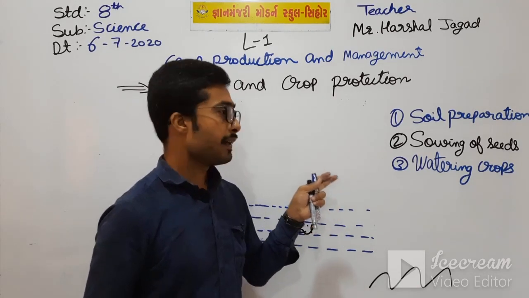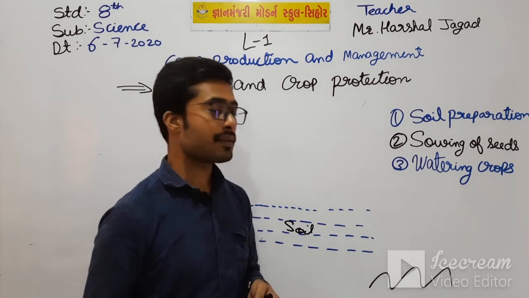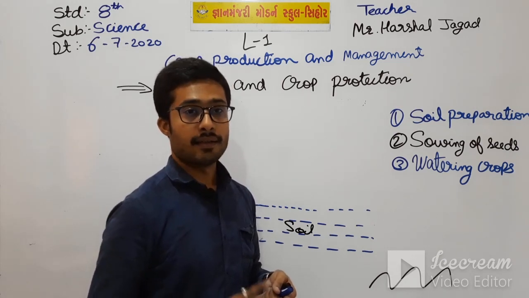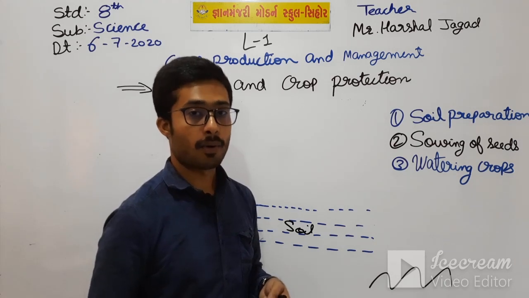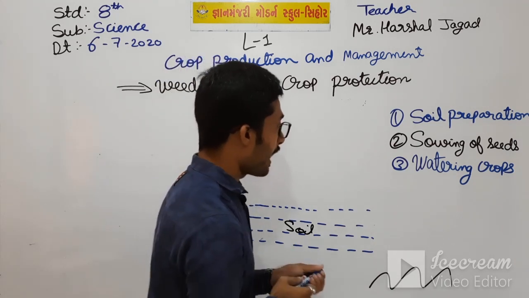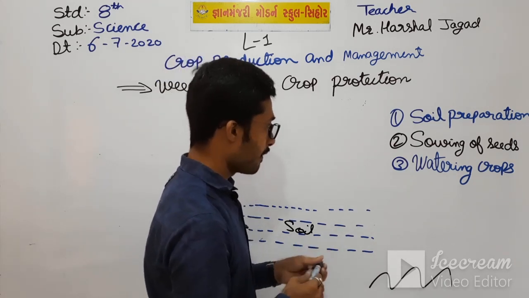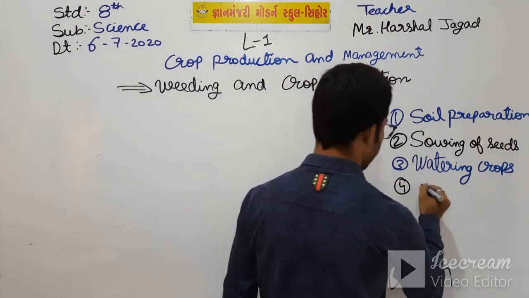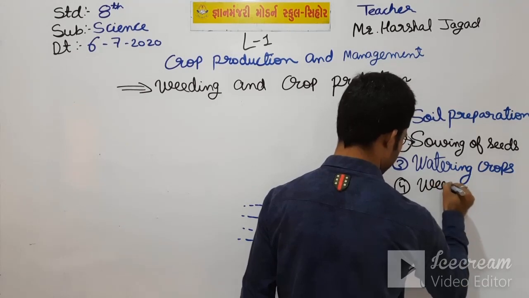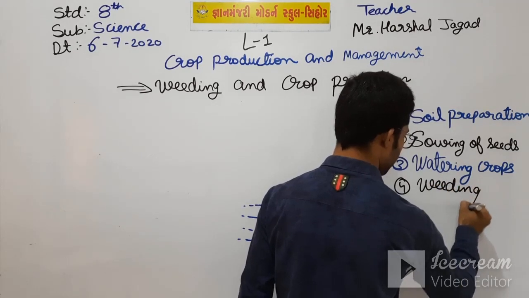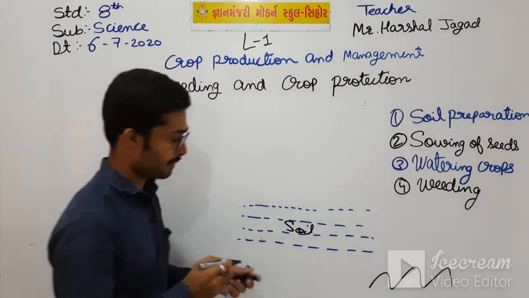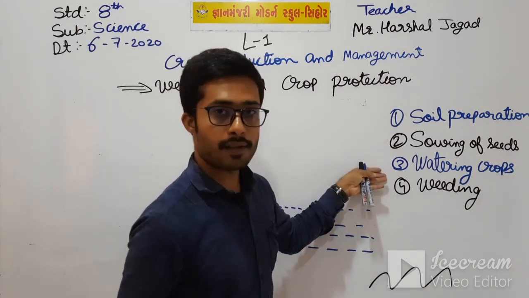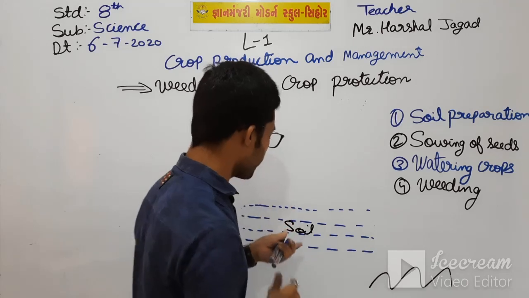And the drip irrigation method is used in areas where there is less water. Okay students, the fourth process was weeding. So here we have seen the main four processes of crop production.